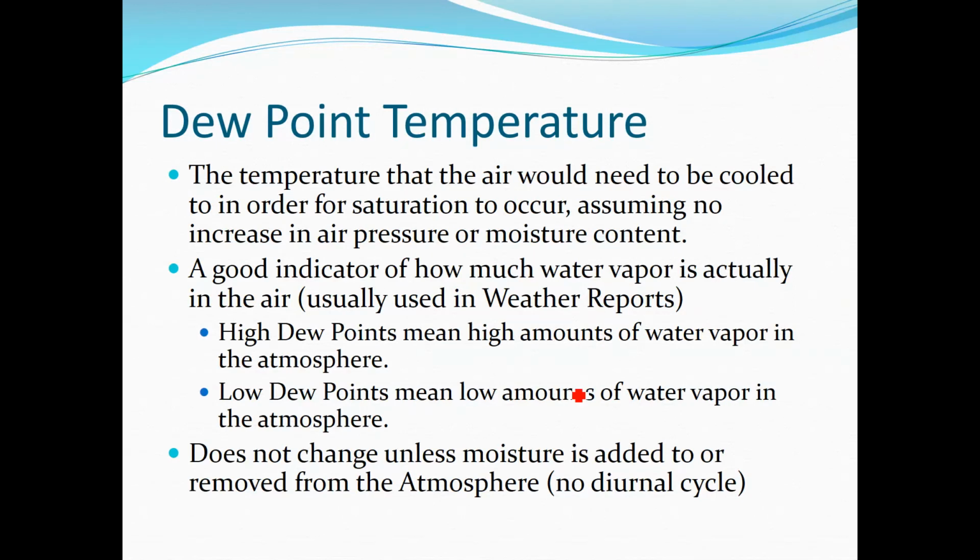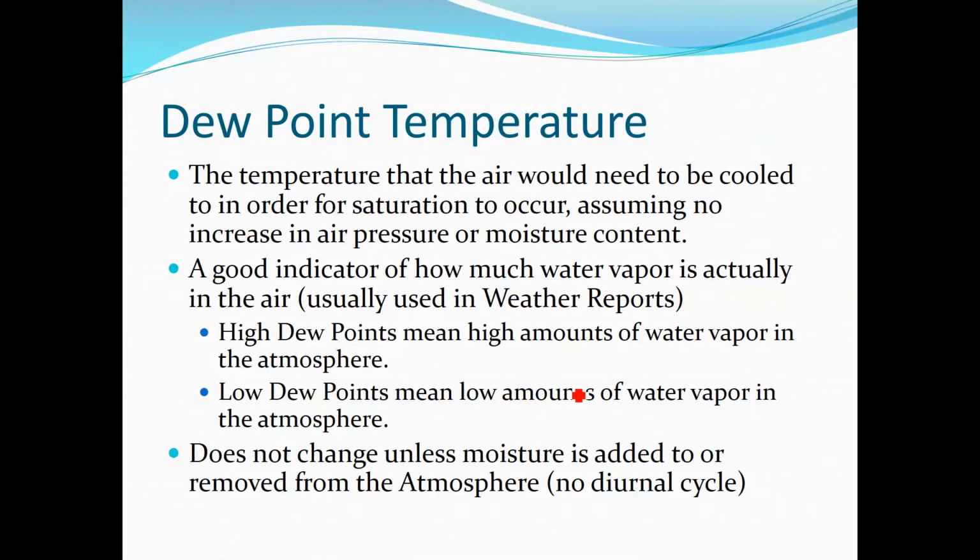Now the last thing I'm going to talk about in this lecture is dew and how dew forms. This was this week's discussion question, so I'm going to try not to give it away too much, but dew point temperature is another key humidity variable. And the good news is it's not as complicated as relative humidity, and it's also often used in weather reports.